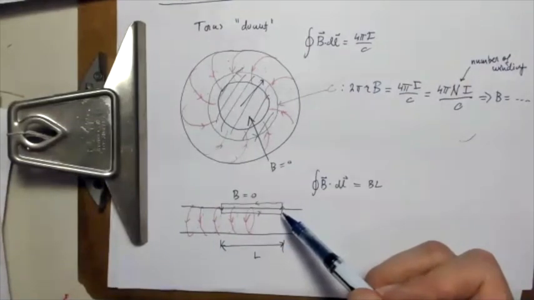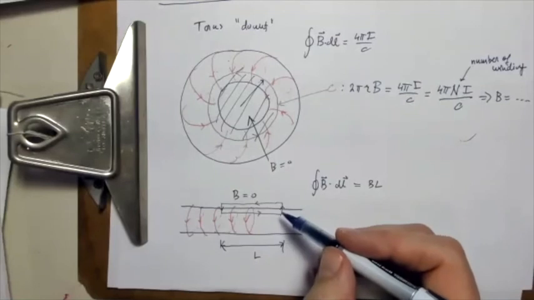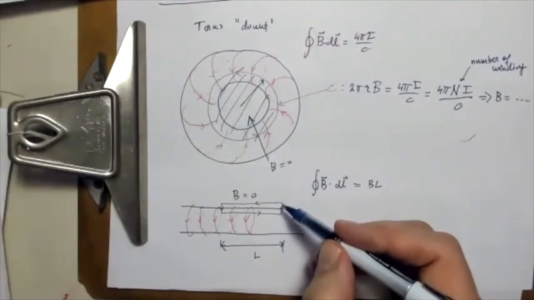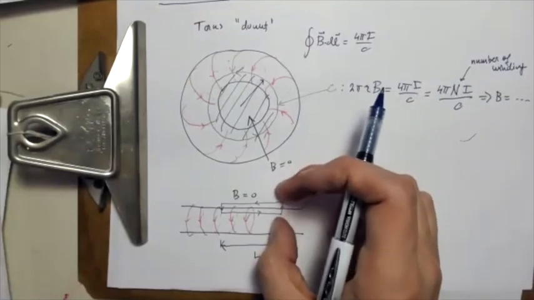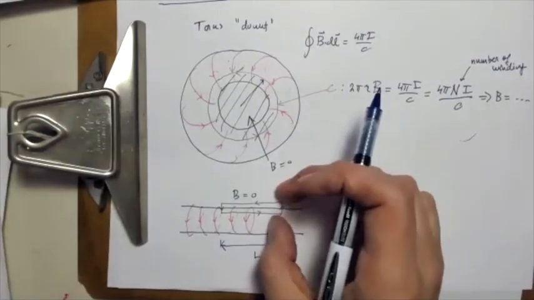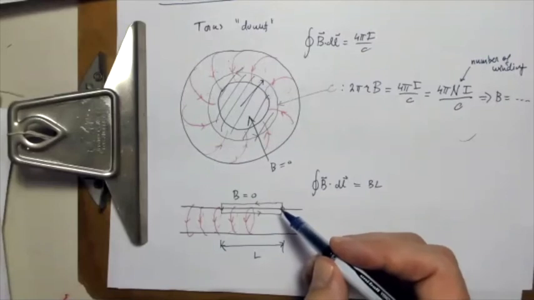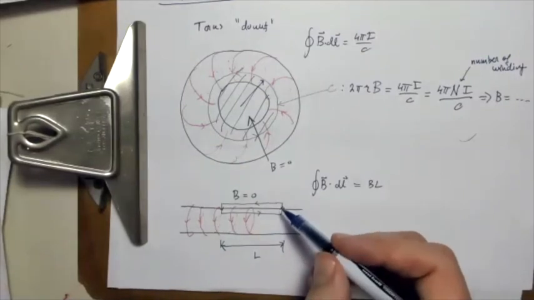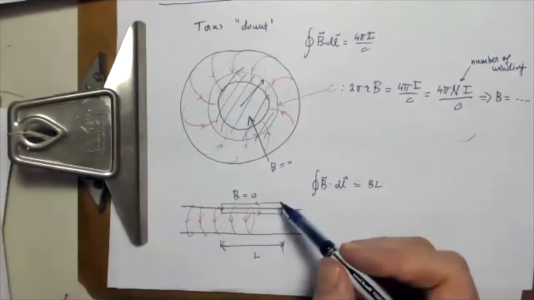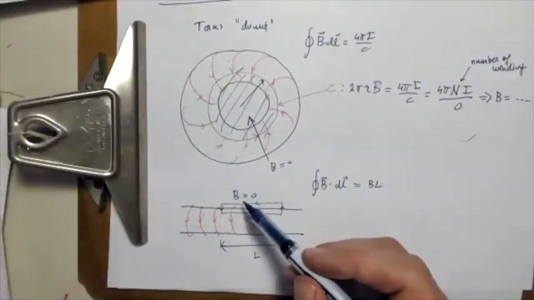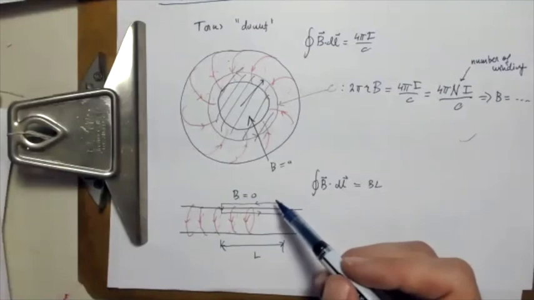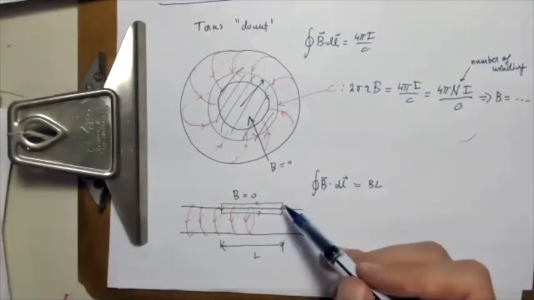And then here we are stepping outside of our torus. Now we don't need to worry about this transition too much. In fact, we can make this section as small as possible, such that we don't have to worry about the contribution to that line integral due to whatever is happening here at this edge. And then when we're outside on our return path, our scalar potential is not changing, right? Because we're outside and B is the same.